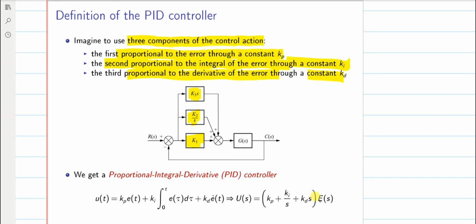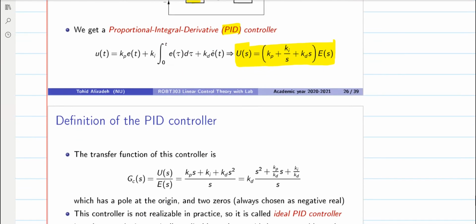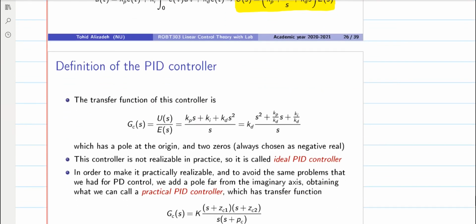For the PID controller, we will have the transfer function in this form: Kp plus Ki over S plus Kd times S, times E of S, will give us the control action in the Laplace domain. Here again we have the transfer function for the PID controller.